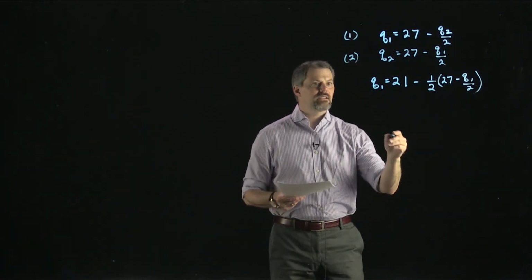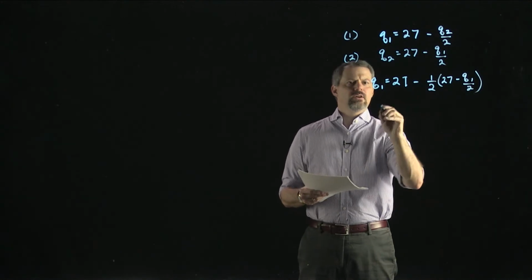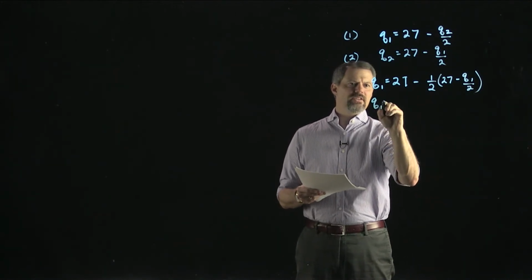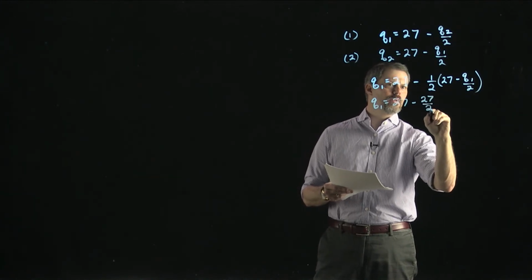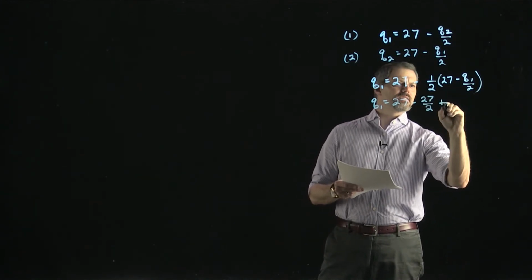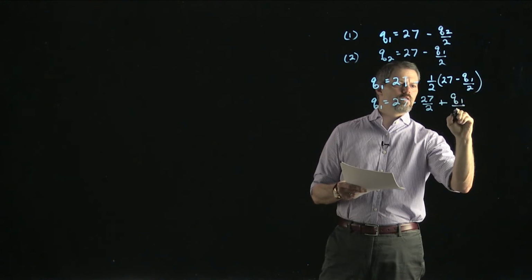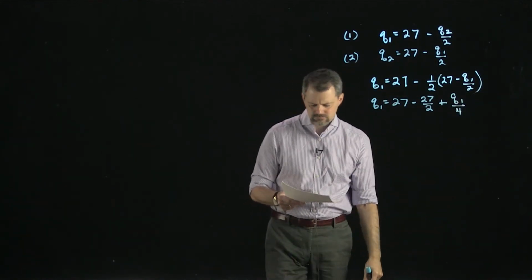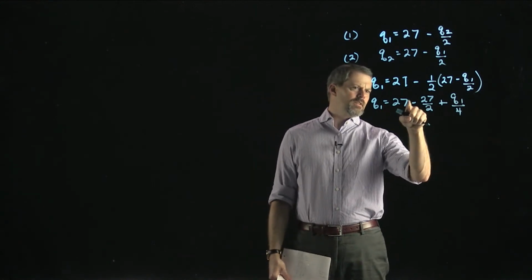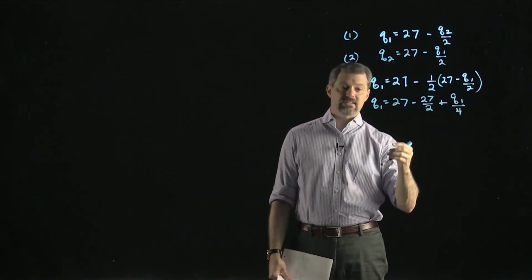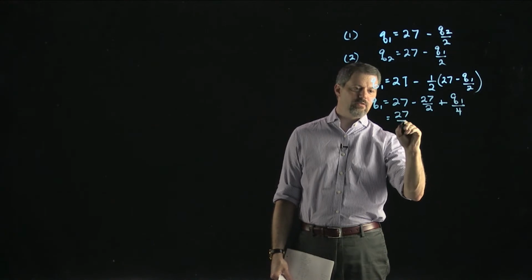What we get is Q1 is equal to 27 minus 27 over 2 plus Q1 over 4. So 27 minus half of 27 is equal to 27 over 2.